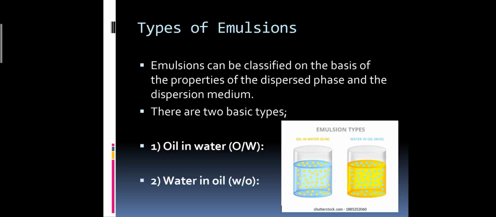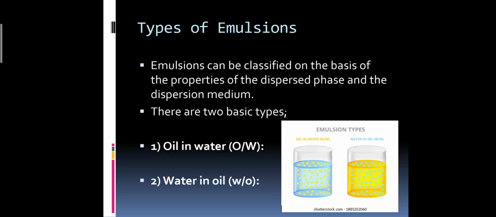Types of emulsion. There are two basic types of emulsion. Number one is the oil in water emulsion and number two is the water in oil emulsion. In emulsions, as I already said, there are two liquids or two phases. In oil in water emulsions, the oil is solubilized in the water phase.